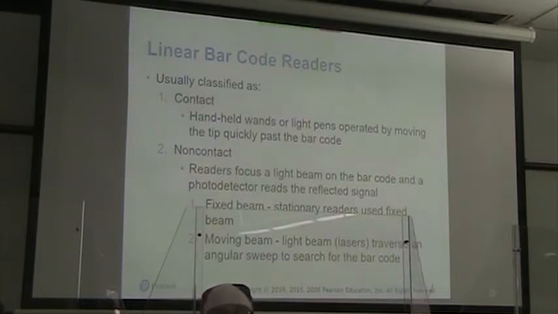So we can have linear barcode readers, which are either contact readers. In that case, it's a handheld wand or a light pen that we move the tip through the barcode to read it. We can also have non-contact, where the reader just focuses a beam on the barcode and the photodetector reads the reflected signal. So that can be a fixed beam or a moving beam.